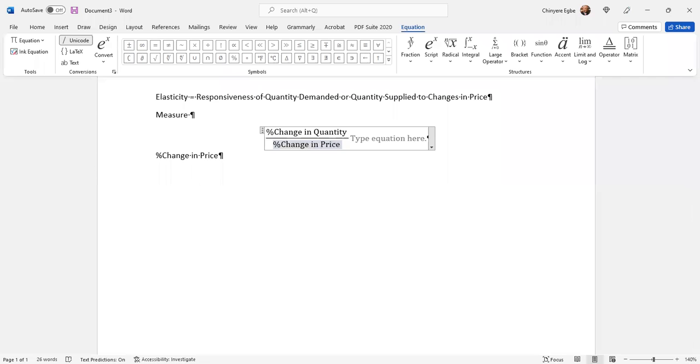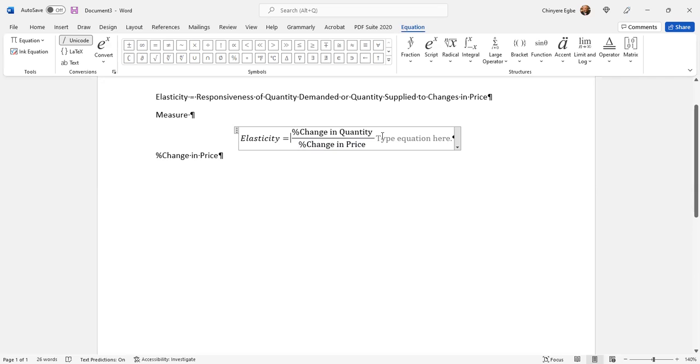So that is your measure of elasticity. This is how you measure elasticity. So it could be percentage change in quantity demanded over percentage change in price, or it could be percentage change in quantity supplied over percentage change in price.